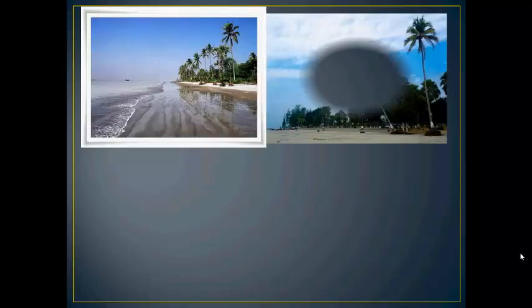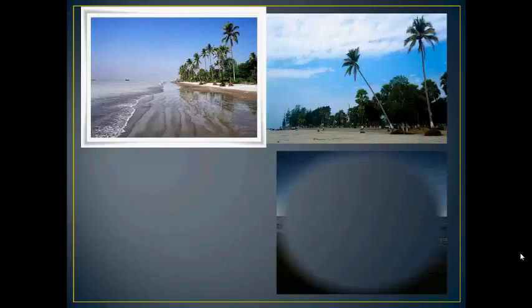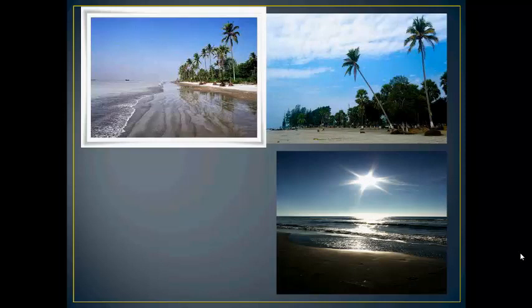Here we see three beautiful scenes. Do you think where it is located? Of course, you have to learn.